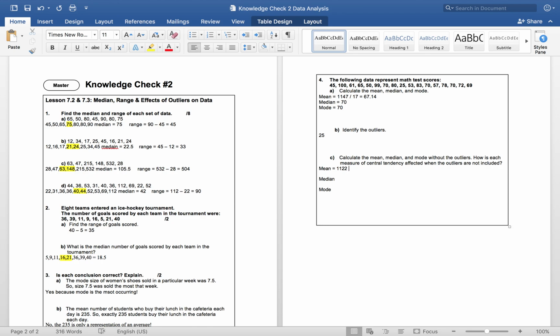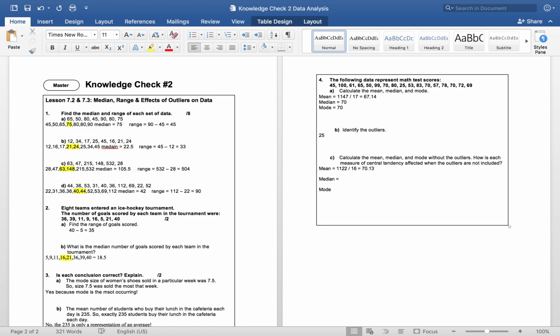Because I got rid of 25, there's only 16 numbers now, so I would divide that by 16, which is going to give me an answer of 70.13.